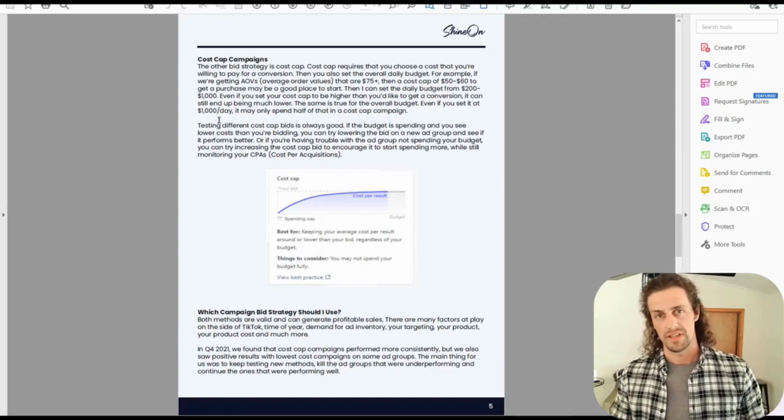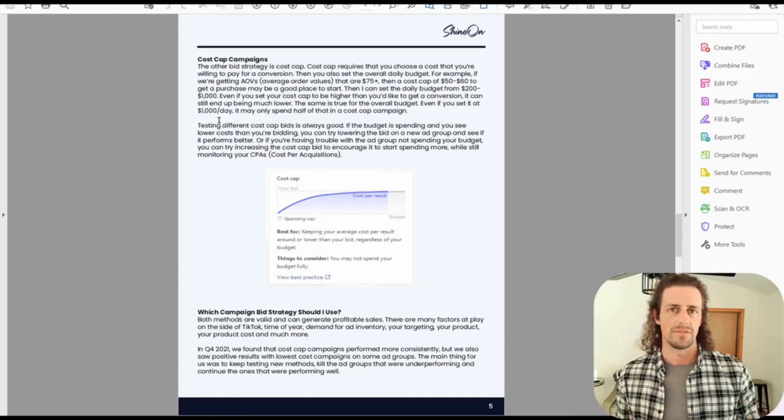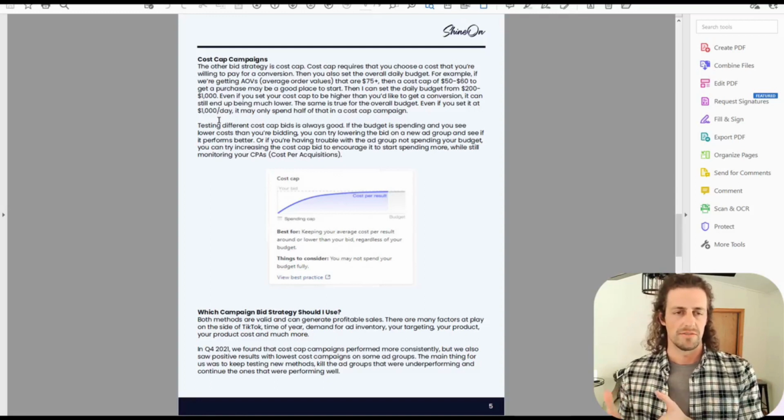You may still be able to get a $40 sale, a $30 sale out of it, but you still have to bid the higher amount in order for it to average out to a cost that works for you in terms of cost per purchase. So it's a balance of playing with the bids and then also eventually playing with the budgets.